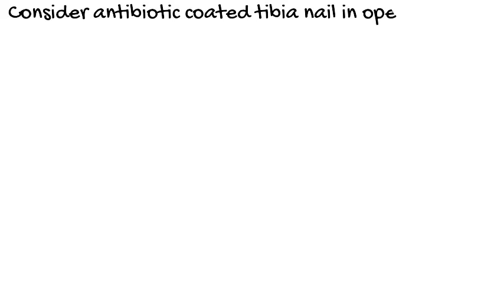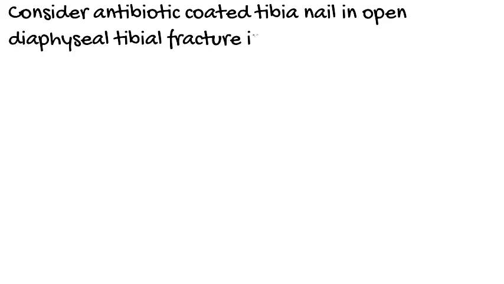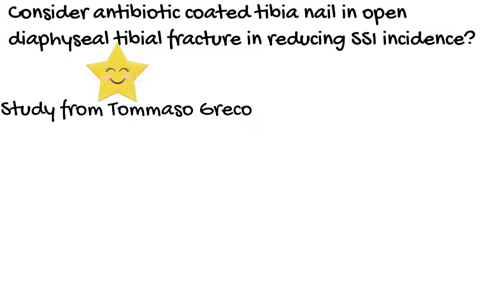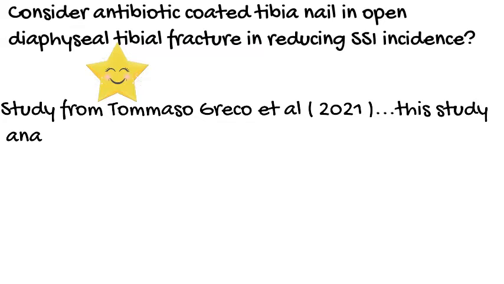Well, would you consider an antibiotic-coated tibial nail in an open difficult tibial fracture in reducing the rate of surgical site infection incidence? I am going to quote a study from Tommaso et al., 2021.